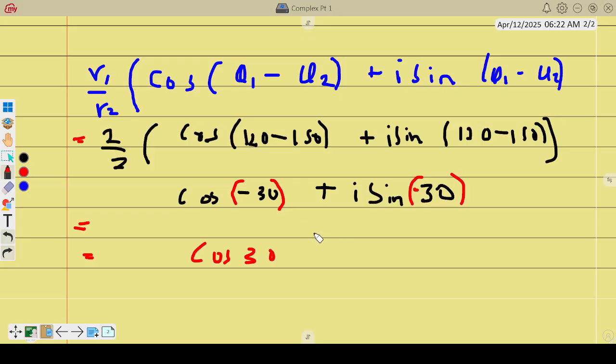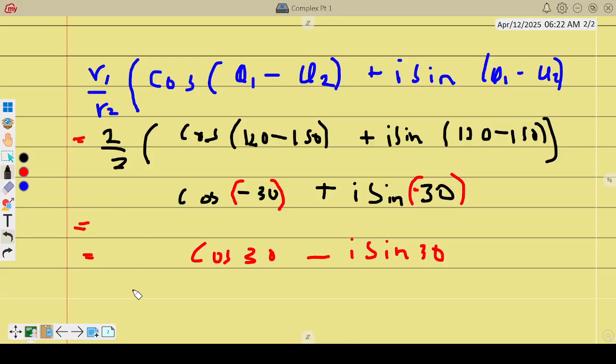And for sine, the negative comes in front: I sine 30 with a negative. When we have a negative angle in cos, it disappears, but when we have a negative angle in sine, it comes to the front. Then from there we simplify further.